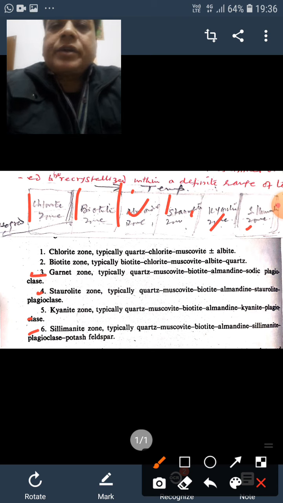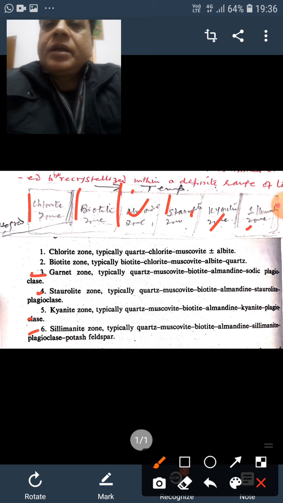A line drawn on a map to represent the group of exposures marking the first appearance of a new mineral with increasing metamorphic grade is known as an isograd.